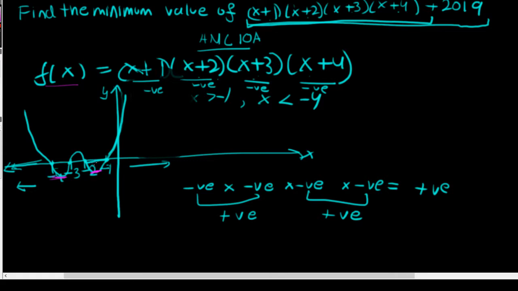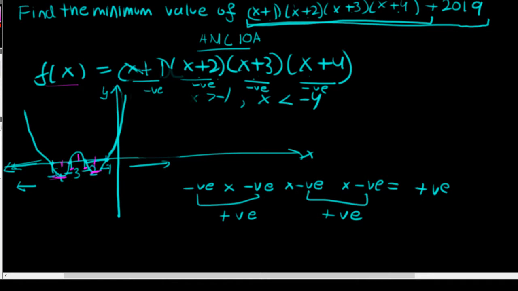So f of x is at a minimum at either this point or at this point or at both. F of x could be a minimum at both of these points as well. We don't know yet. But we certainly know that for values of x between -2 and -3, f of x is also always positive. Because we can see that this is positive. So the minimum will occur for x between -1 and -2, or between -3 and -4, or both.